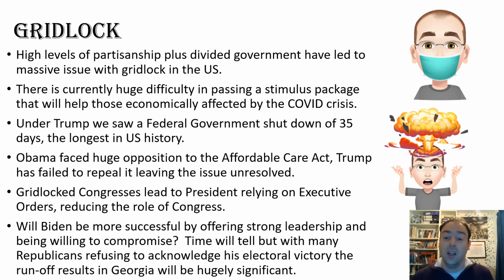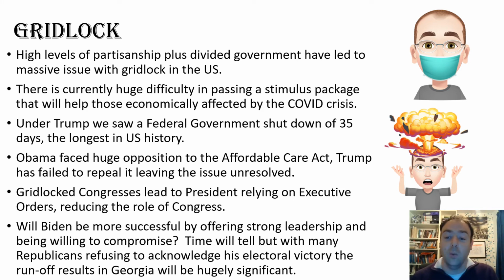Now, the world may change. The partisanship may die down once Trump isn't present, but there's definitely going to be big demands from the progressive liberal wing of the Democrat Party, who did a huge amount in terms of getting the vote out to make sure Biden got this record-breaking number of votes, and they're going to want to see some of the stuff that they believe in, and it's going to be very hard for Biden to get that through.